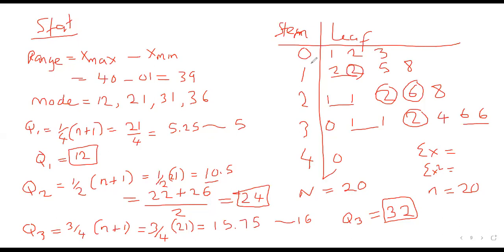Thank you. So what is summation of x? 451. Okay. Then x squared, 12,871.